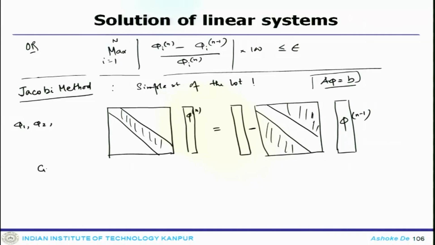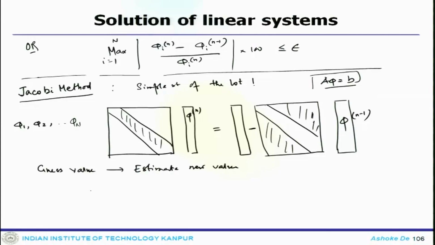So essentially you start with a guess value, then you estimate the new value, and then you move on to the iterative process to get a converged solution, and you keep doing this till the solution is converged. So first you assume some guess value and obtain the other values in the domain, and then using those values you correct it and check whether the solution is converged or not.